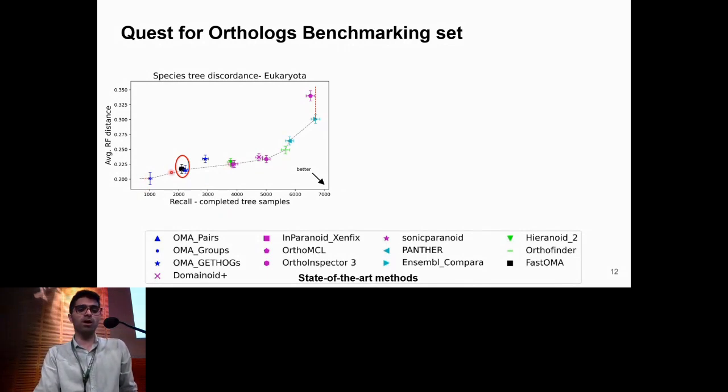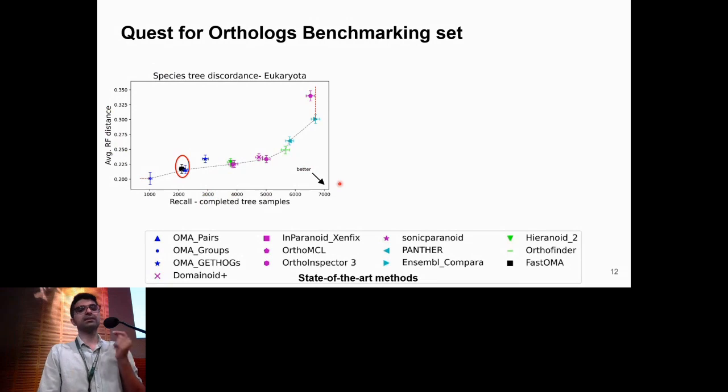This is the OMA groups, which is with low recall in this species discordance test. The idea behind this test is that it compares the gene tree with the species tree, and we calculate the average RF distance as the precision. So the lower the distance, the better. And here the recall shows how many trees are sampled.